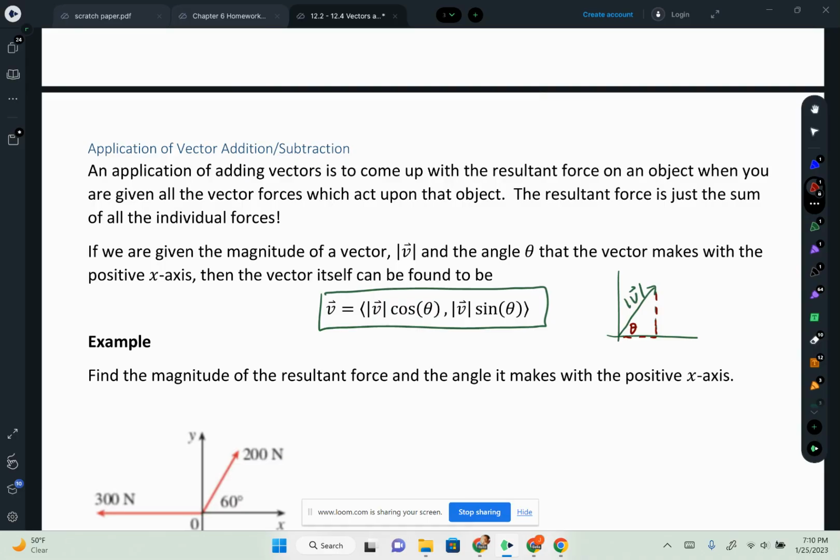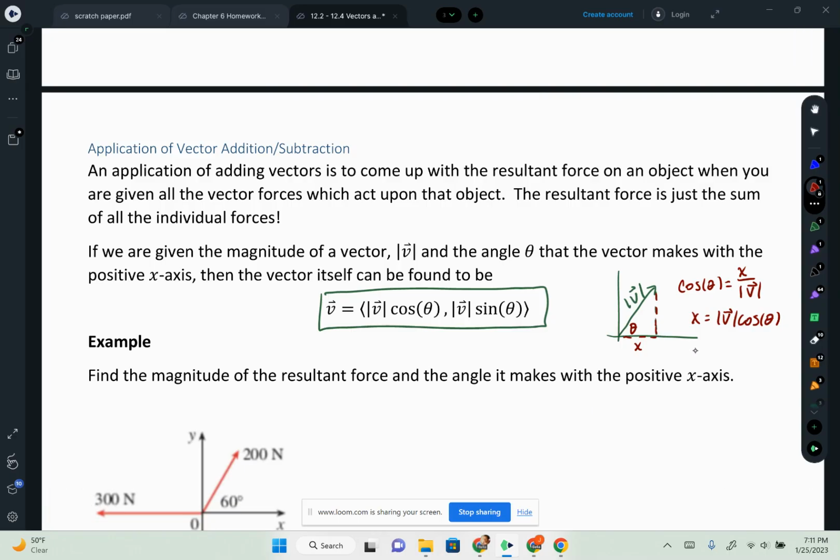If we want to know, for example, the x value, then cosine of theta is going to equal the adjacent side over the hypotenuse, and our hypotenuse is the magnitude of v. So then I could solve for the x component, and it's the magnitude of v times the cosine of the angle. So that's how we're coming up with those.